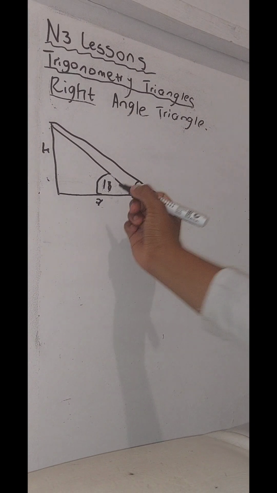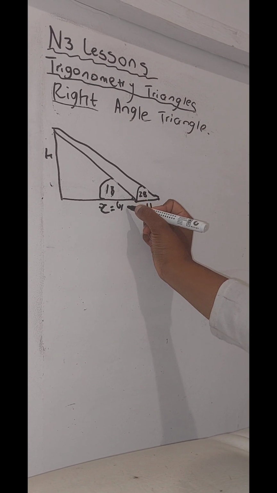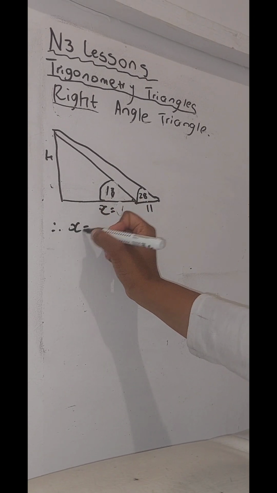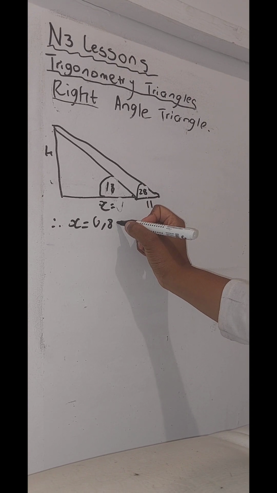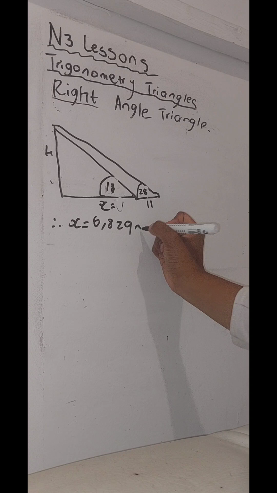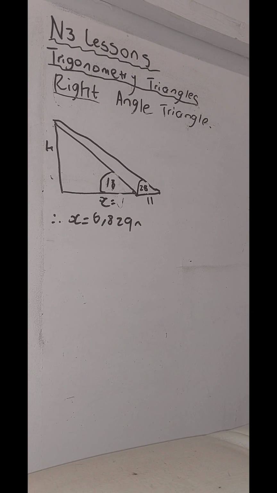So let's write down what we found. Therefore x is equal to 6.829 meters here. We are looking for what?